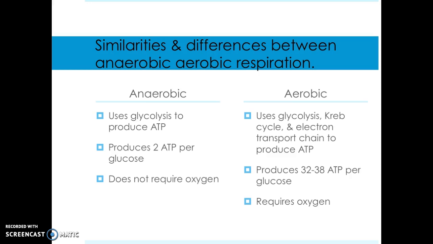Anaerobic respiration is not as efficient and it only produces 2 ATP per glucose, whereas aerobic respiration produces 32 to 38 ATP per glucose molecule. And as we know, anaerobic respiration doesn't require any oxygen, whereas aerobic respiration requires oxygen.